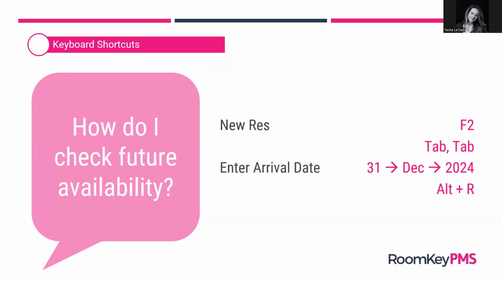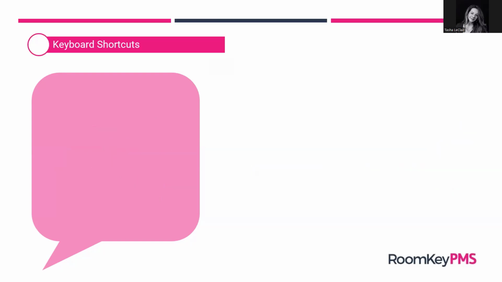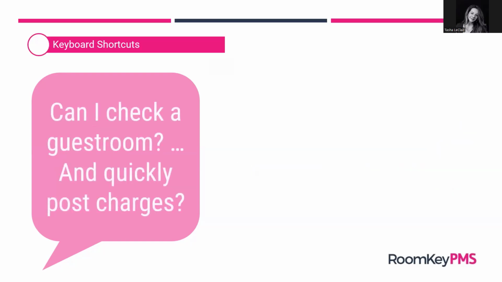Now let's try another type of question that we often get: how can you check a guest room, meaning if there is a guest in house or who is in that room, and how can you quickly post charges?